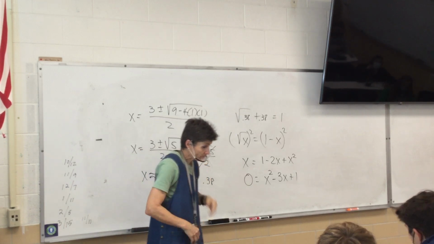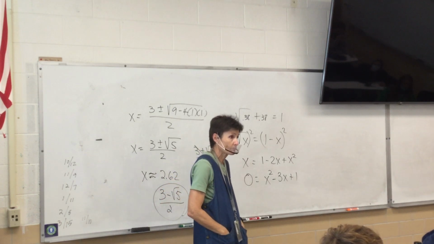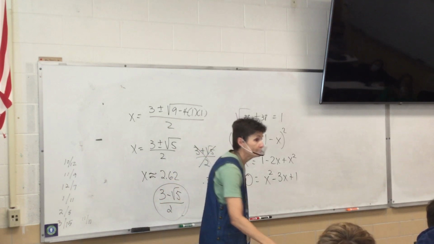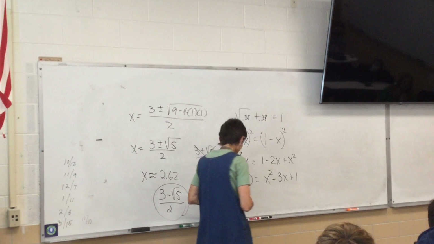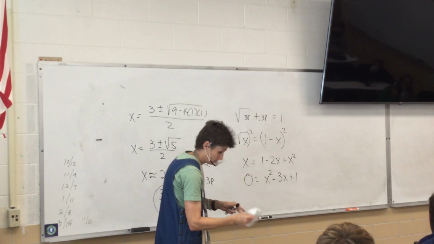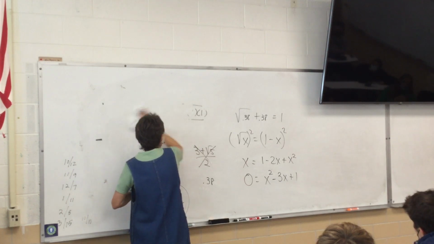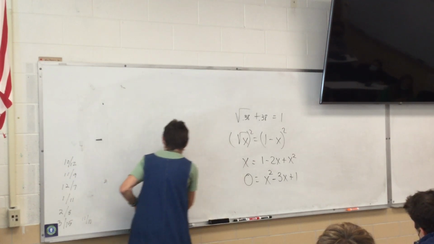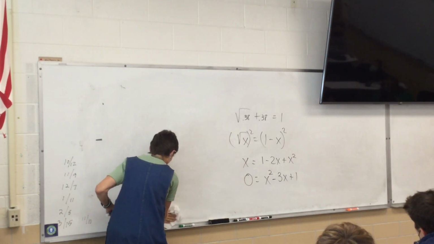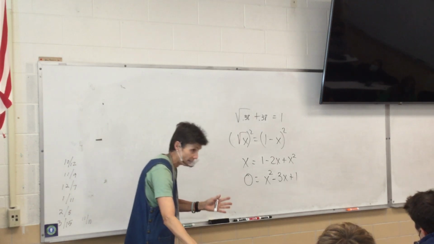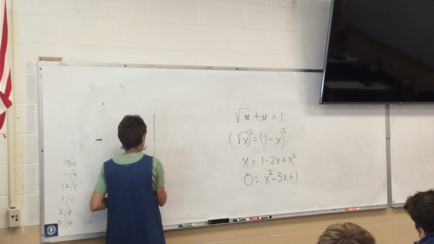Steve? The vertical line test is like a test that uses the function. How does it work? If you draw a vertical line and then it hits the function twice, then it's not a function. Okay, so in other words, you're testing a graph to see if it's a function.